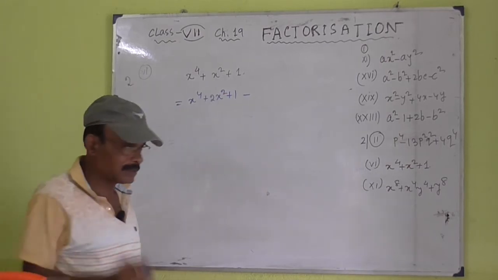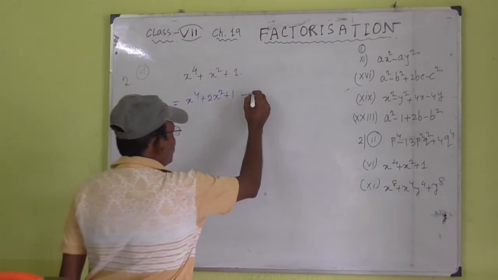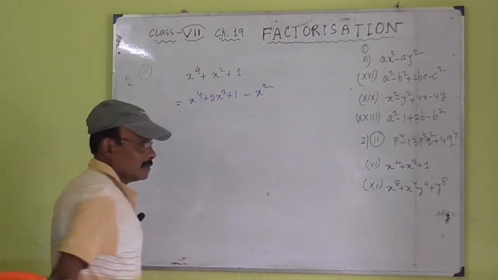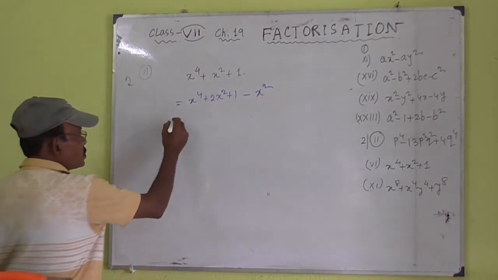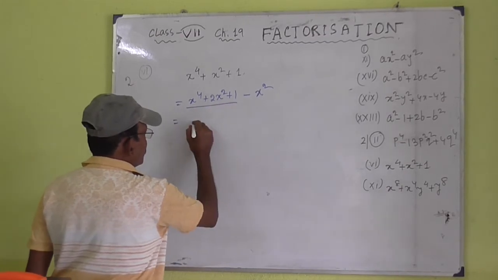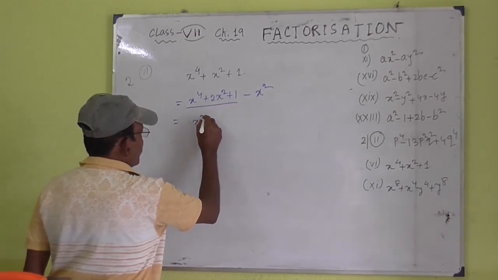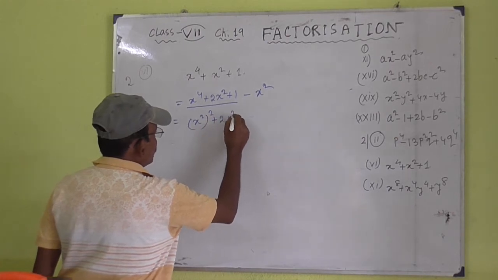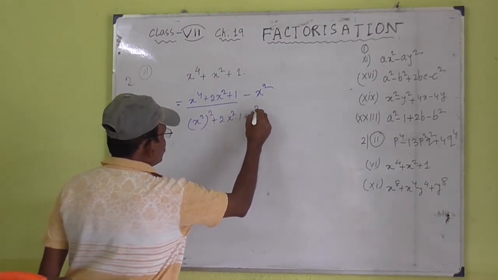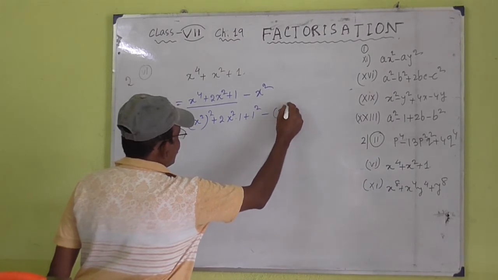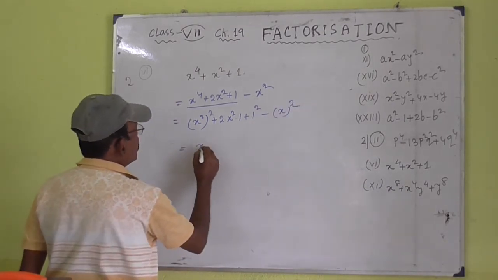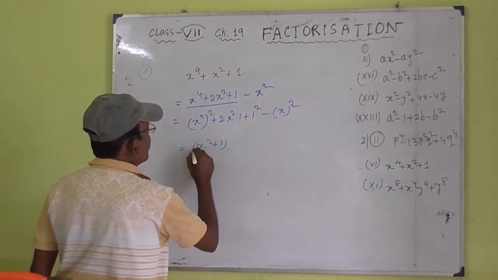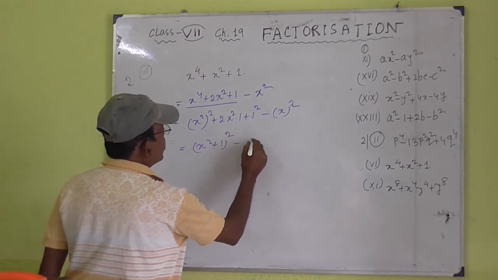Now, to balance x square, we must subtract x square, and this portion belongs to x square into 1 plus 1 square minus x square. So, it will be a form of a plus b whole square.